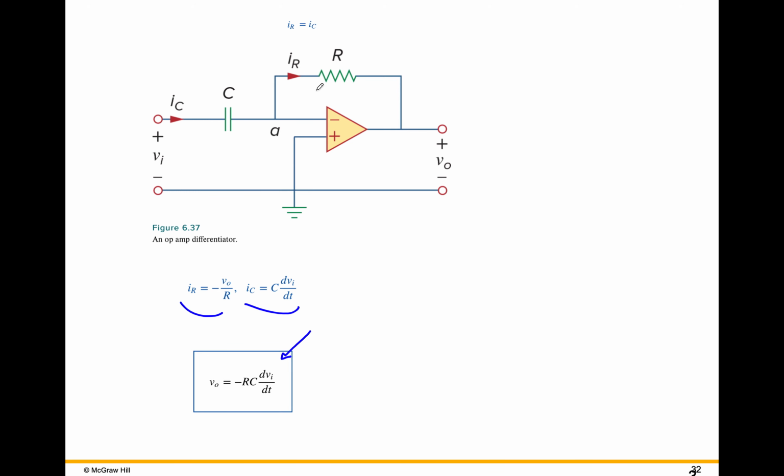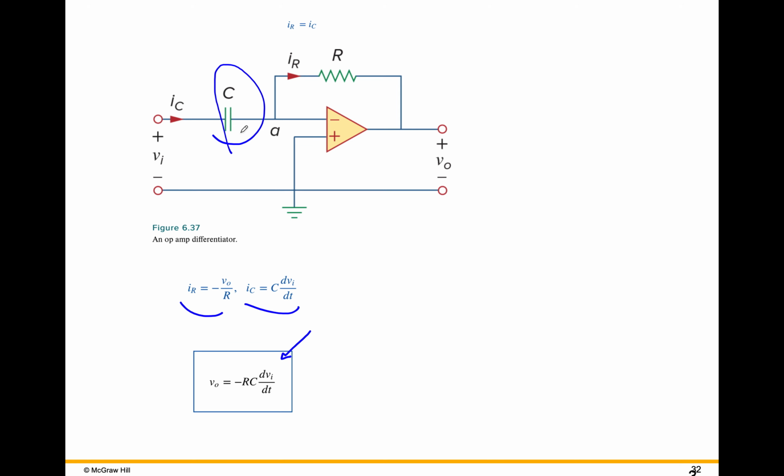What the differentiator is useful at doing is if you want to block DC. Remember, a capacitor looks like an open circuit at DC, so the capacitor on the input will block a DC voltage signal. And of course, the derivative of a constant is equal to 0.